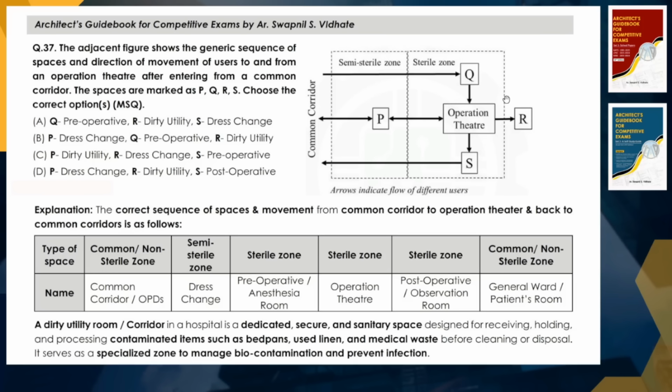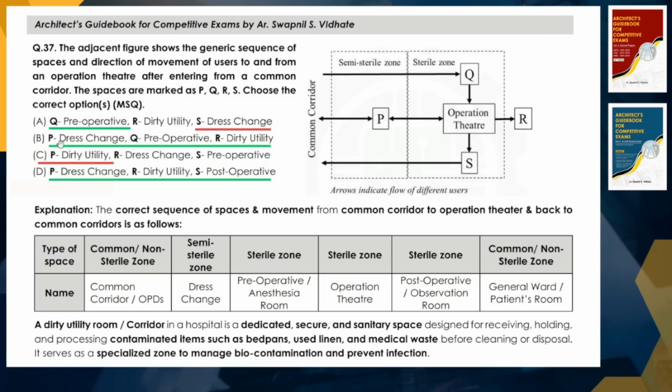So it serves as a specialized zone to manage biocontamination and prevent infection. So the label R correctly shows the dirty utility, which is mentioned in option A, option B, and option D also.